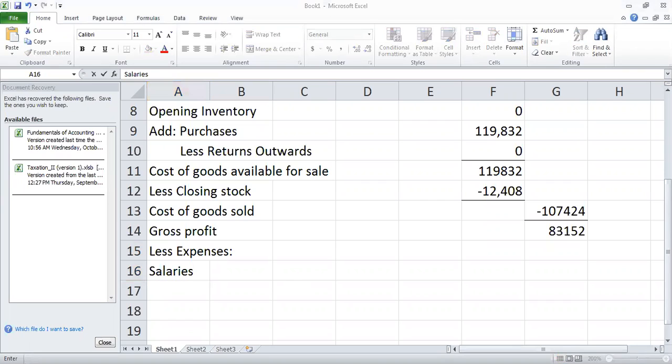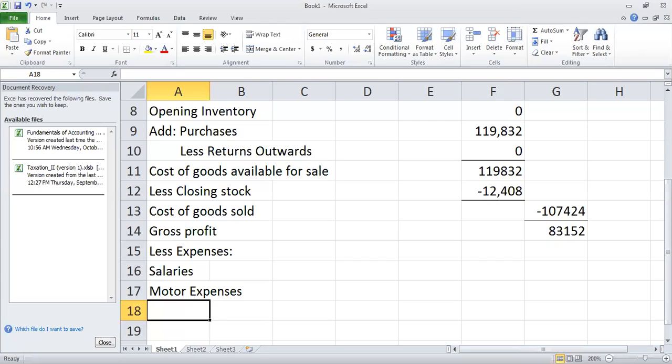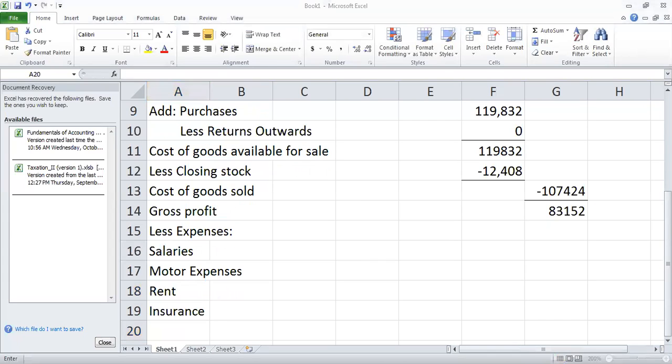So your salaries, then you have motor expenses, then you have rent, then you have insurance, then we have general expenses.